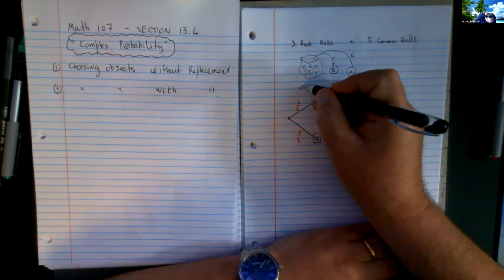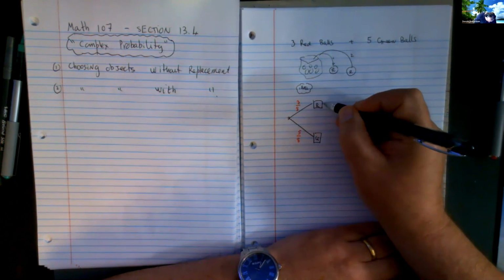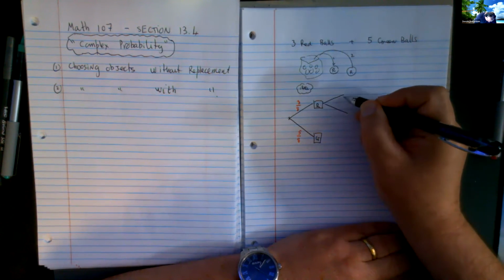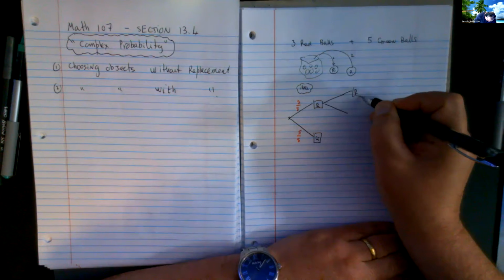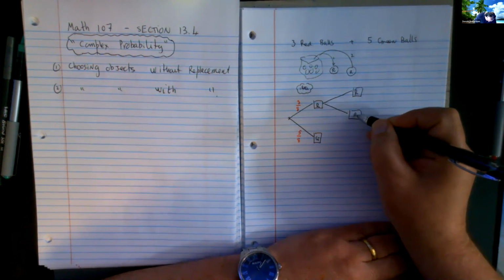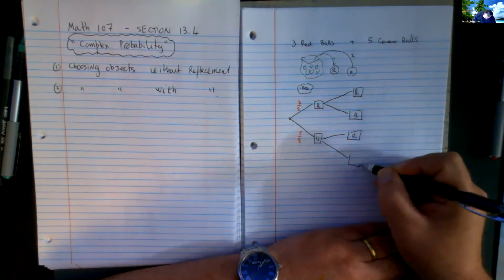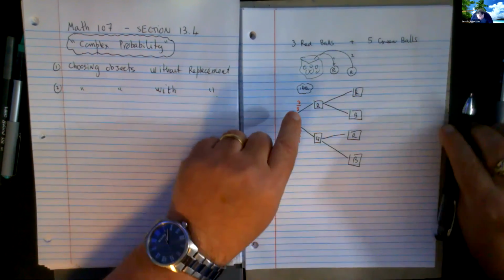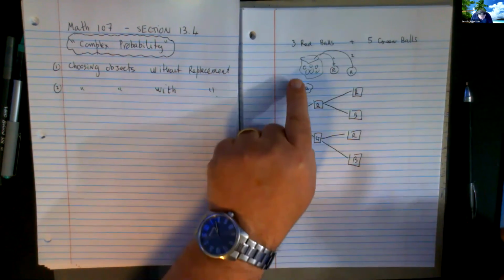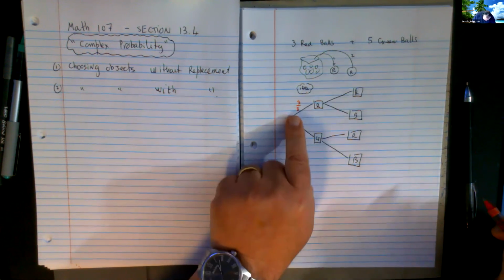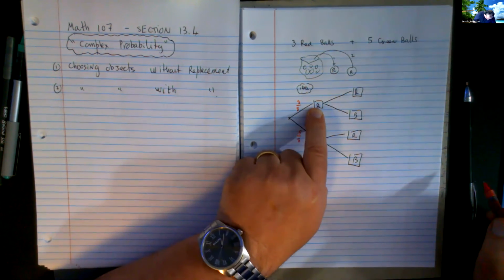That's the first ball. We're doing the without replacement. So now you're looking at, well, what could happen next when you bring out the second ball out of the bag? Well, first thing you have to notice is because it is without replacement, this means a red ball has happened.